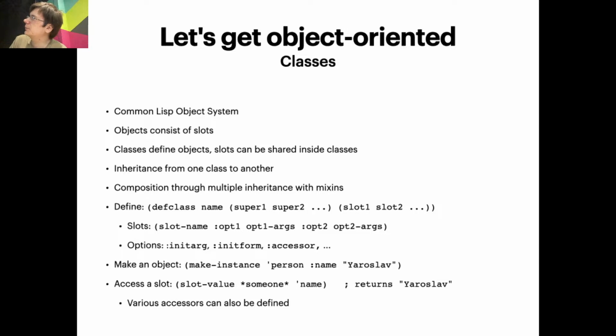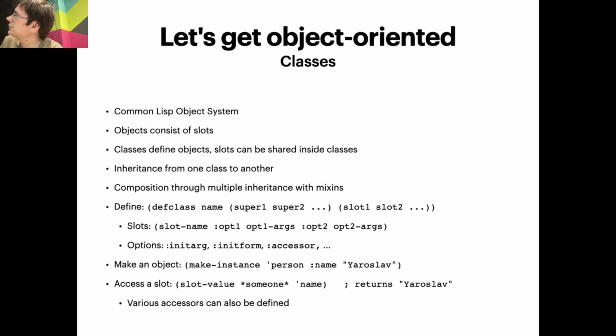So we can have mixins: one class can have multiple superclasses. This is used for composition. Currently there is this mantra in object-oriented programming that says composition over inheritance, and this is very useful for that, because this way you can compose your classes from multiple smaller modular classes, and this works very well.